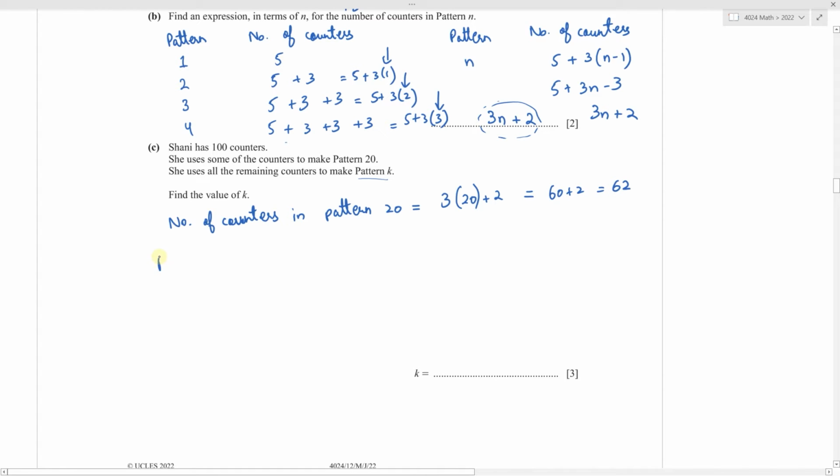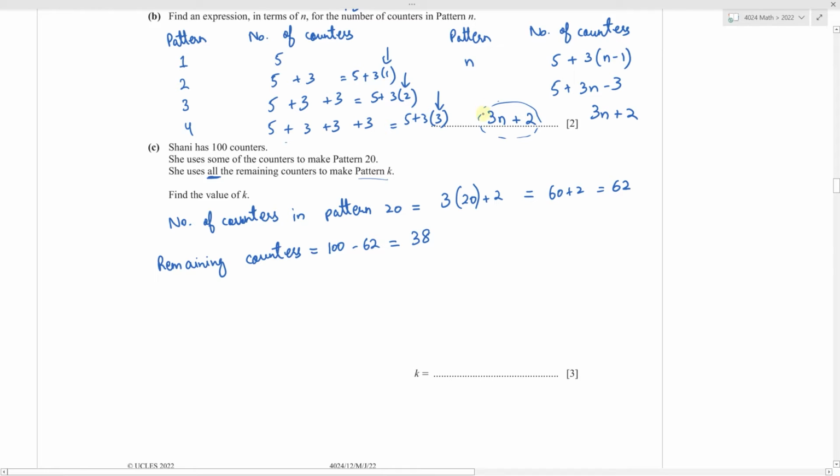So now how many counters are remaining? She started with 100. She used 62 to make pattern number 20. So leftovers are 100 minus 62, which is 38. So now she uses all of them. That means all 38 were used to make pattern K.